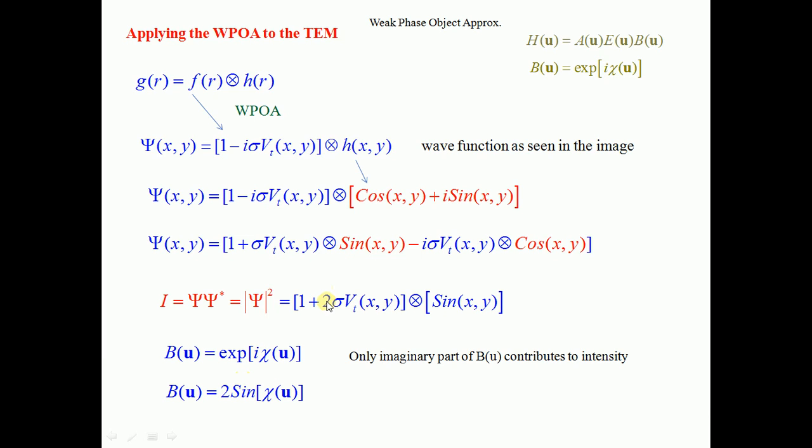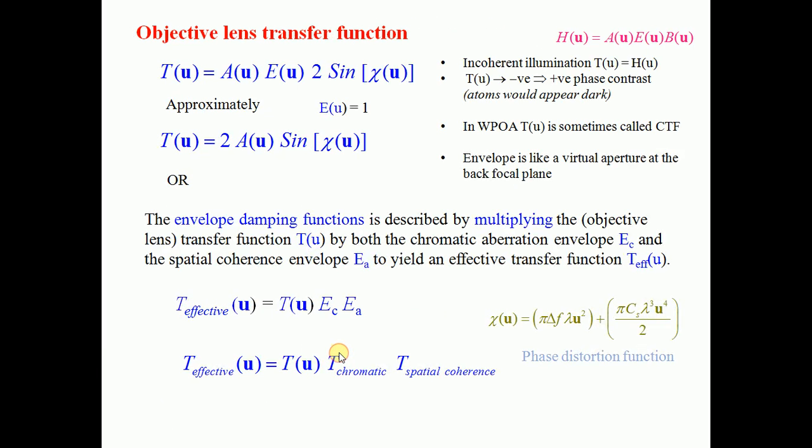This 2 has come from the complex conjugate multiplication. And therefore the objective lens transfer function is T equal to A U 2 sine. Now, if we put another approximation, U equal to 1 and A equal to 1, only 2 sine will be there.